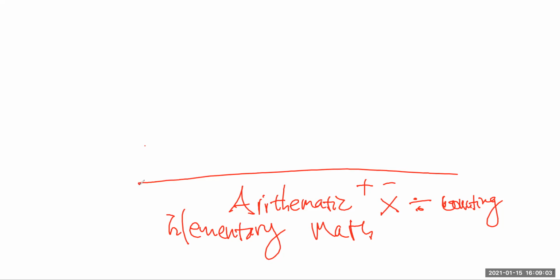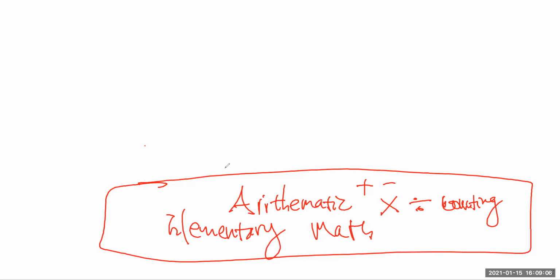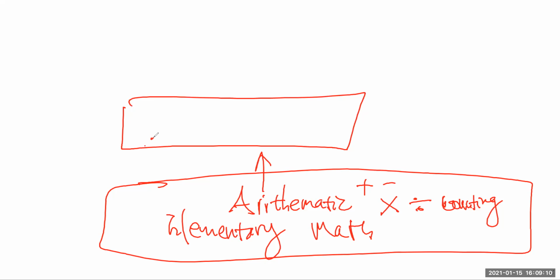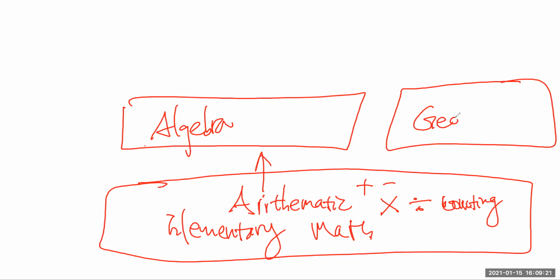Then we go up there. We're going to learn about algebra. Then also we learn geometry. Sometimes people learn geometry first, sometimes before the algebra, sometimes algebra before the geometry.